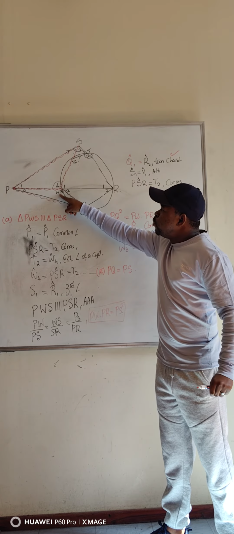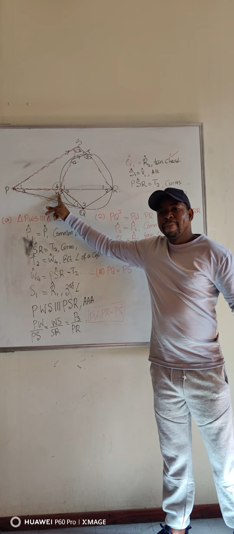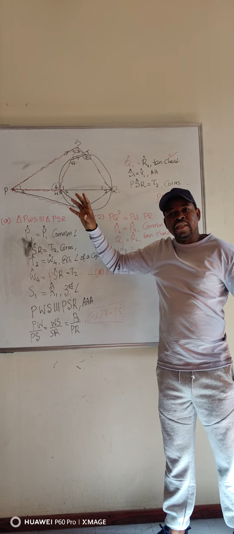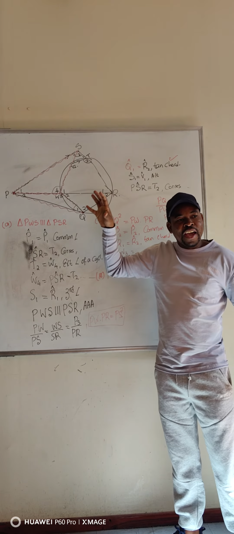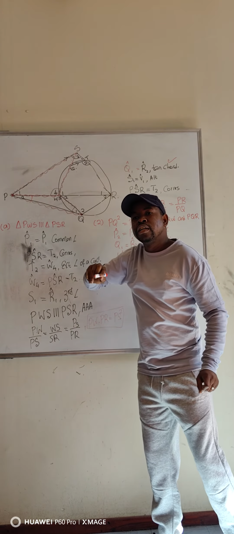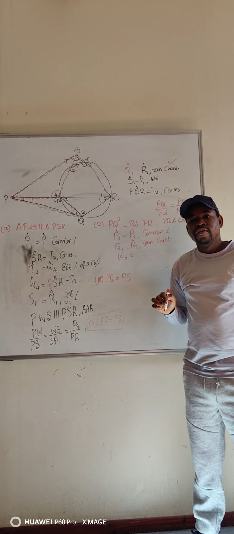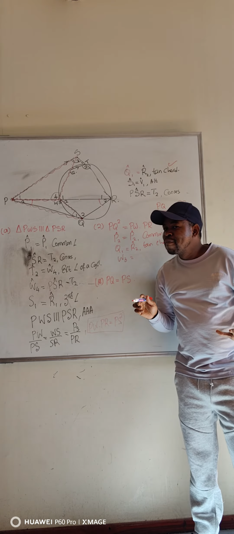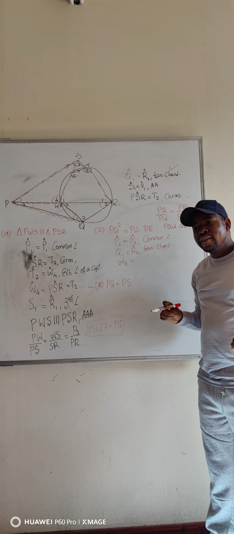Then we said that W3 will be equal to, go to the bigger triangle. What is the angle that we did not do in the bigger triangle? We have done that one. We have worked on that one. What is the third one? Q2. It's Q2. Q2 and R1.